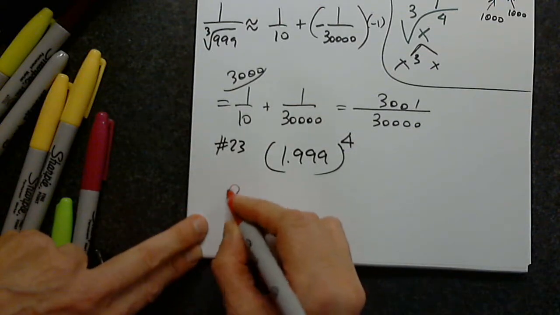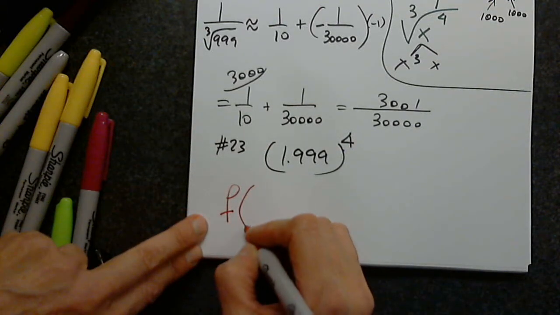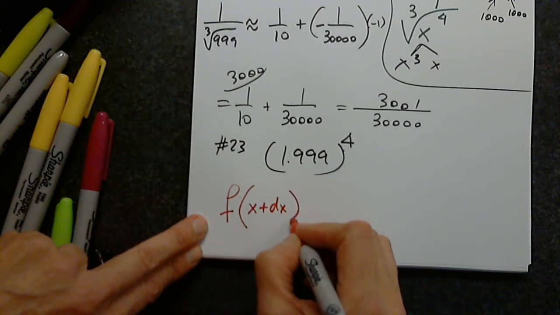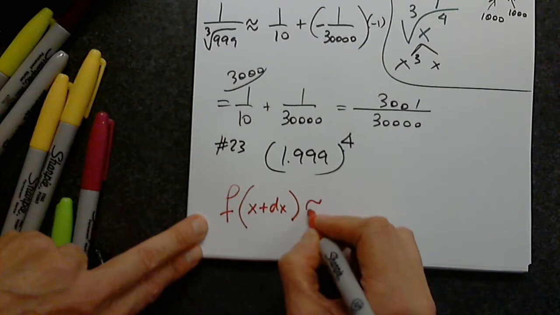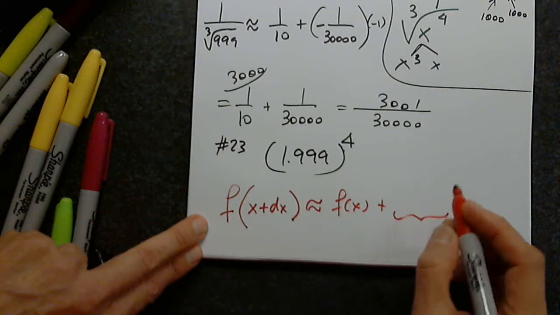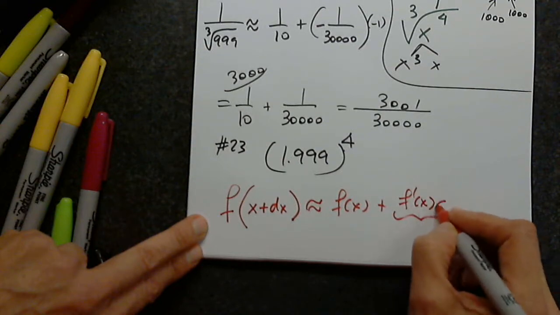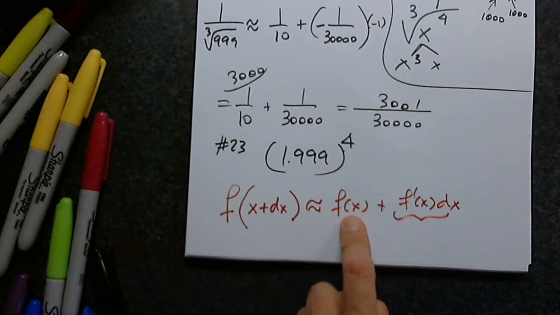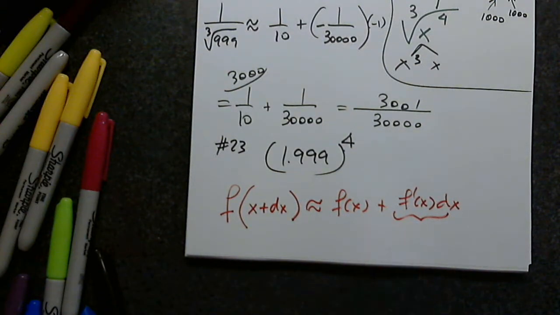The function applied to x plus a little bit is approximately the function plus a little bit of y. The function of x plus a little bit of x is approximately the function plus a little bit of y.